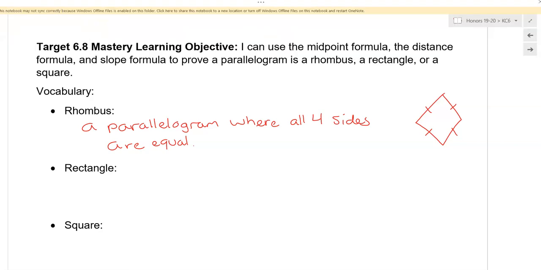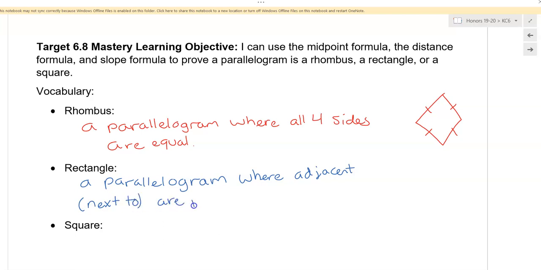Okay, a rectangle is just a parallelogram where adjacent sides, again, adjacent means next to, are perpendicular.